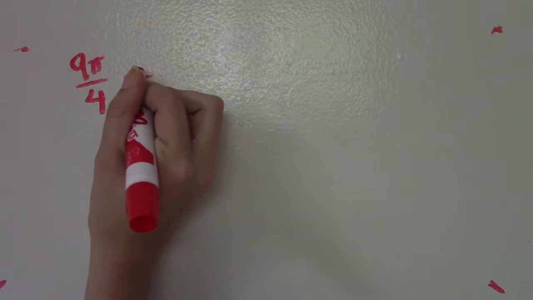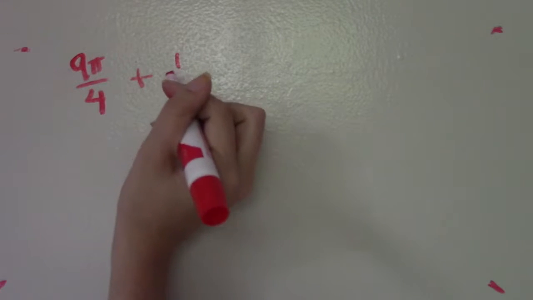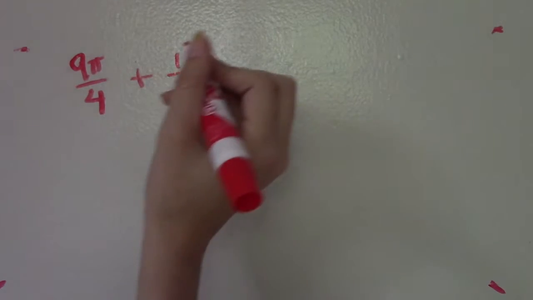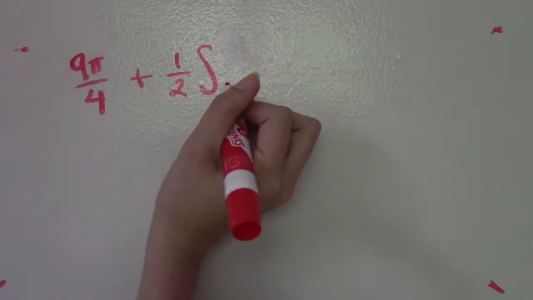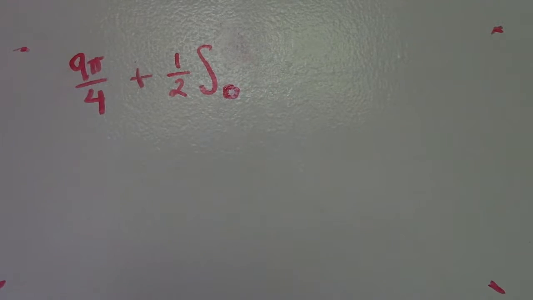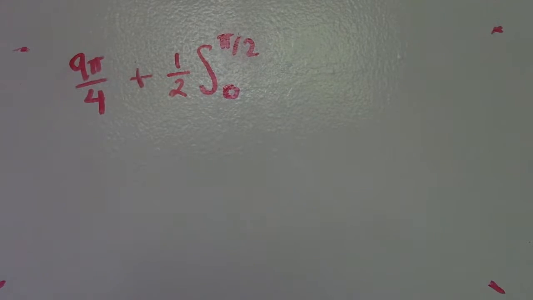Then we're going to add the second part of our integral. We're always going to start with a 1/2 out in front, and then our integral. We're going to start at 0 because that is where the region begins, and then go to pi over 2 because that is where the two parts of the region intersect.